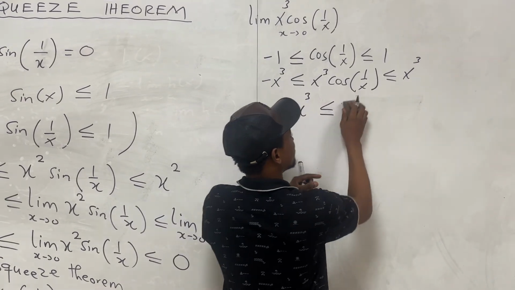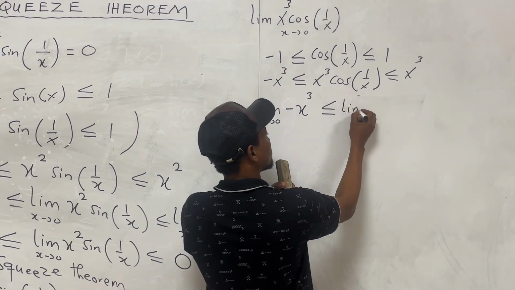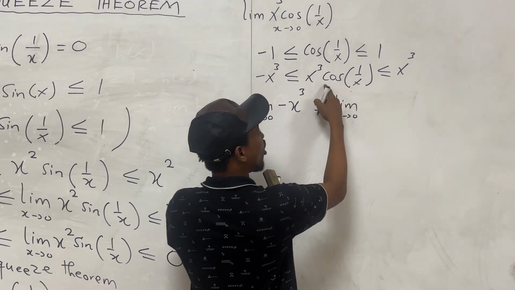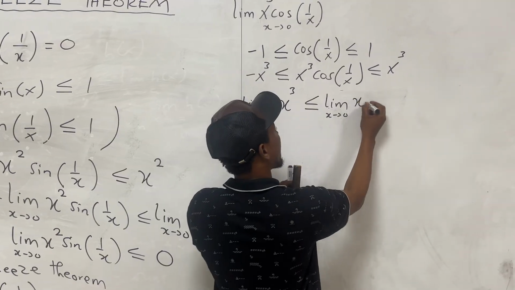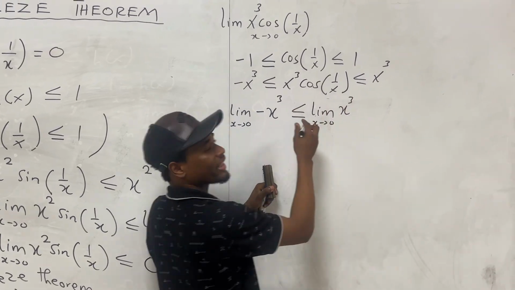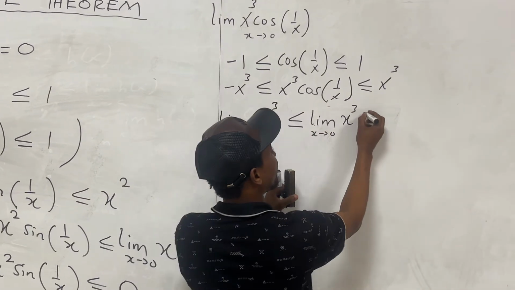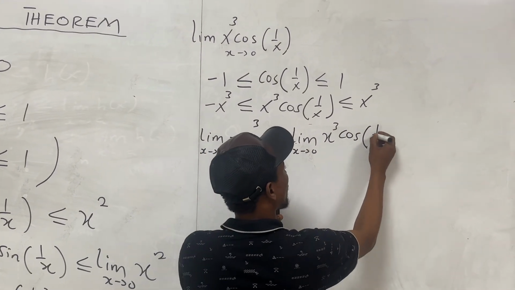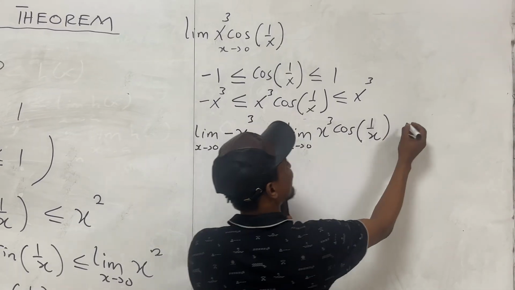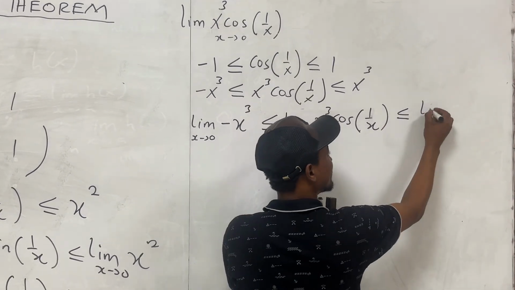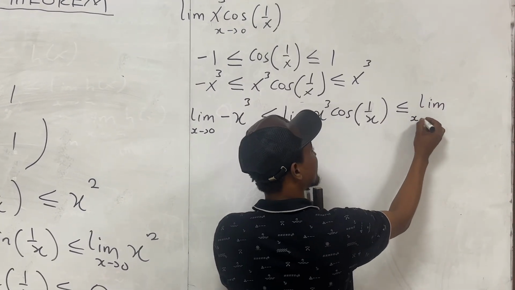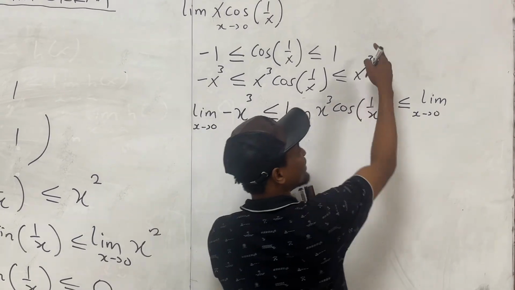Remember we are taking limits of this, and limits of that. We have the limit of x cubed cos 1 over x, less than or equal to the limit as x approaches 0 of x cubed.